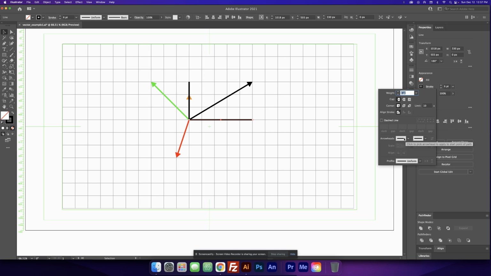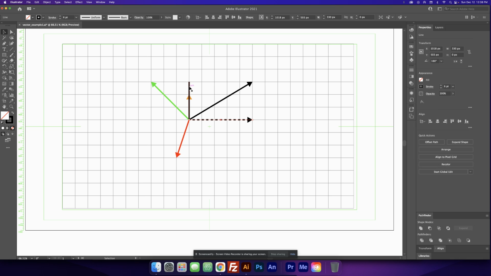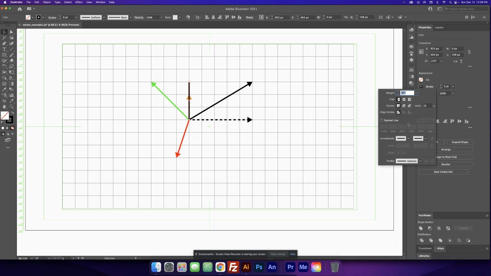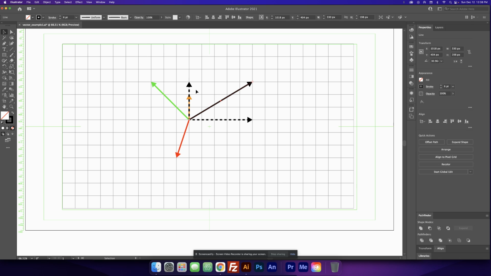I think I did it backwards, so I'll have to go like that and then say 50%, just so it's not so huge. And I did figure out how to make the line dashed. I kind of like that, so I'm going to make this one dashed too. Dashed line and arrowhead, that's 50%. It's normal size.